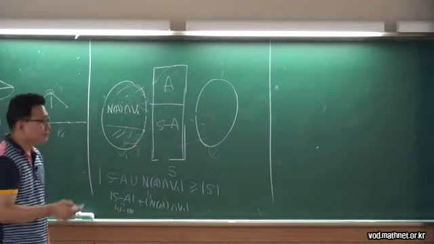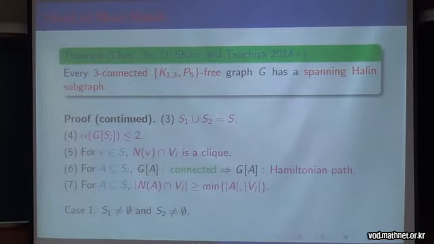Well, now let's talk about this case. This is not empty. Maybe it may overlap in here. So this is S sub 1, this much, and S sub 2, maybe this much. Non-empty. This means that V sub 1 and V sub 2 are cliques.